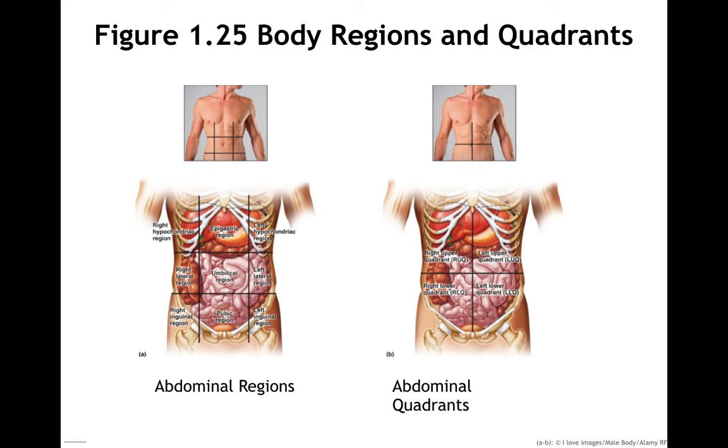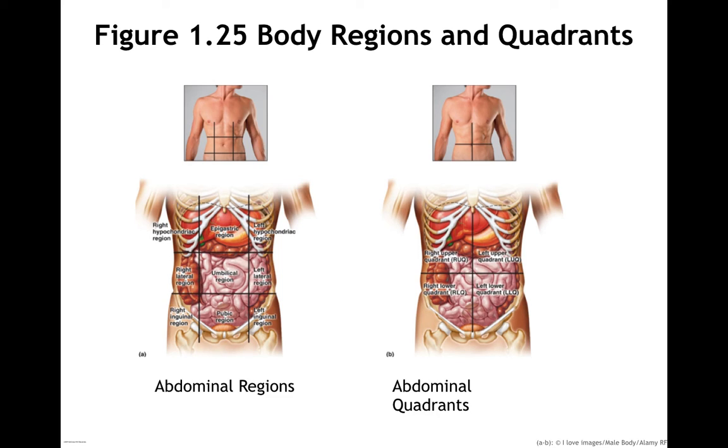If you were an anatomist, professional anatomist, or if you were an abdominal surgeon, or worked for an abdominal surgeon, for those of you nursing going into the operating room, you probably need to know the more detailed 9 regions, which would be the right hypochondriac, epigastric, and left hypochondriac.